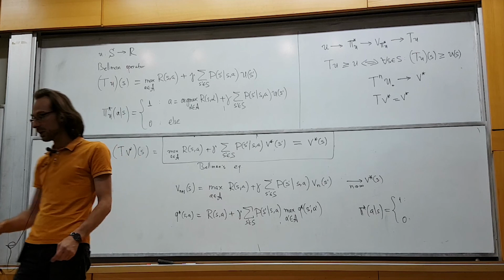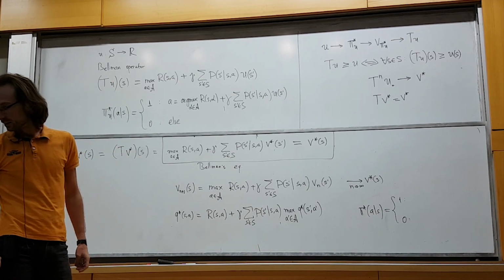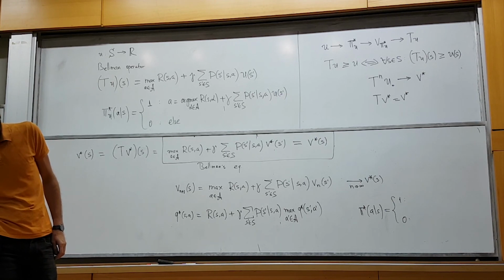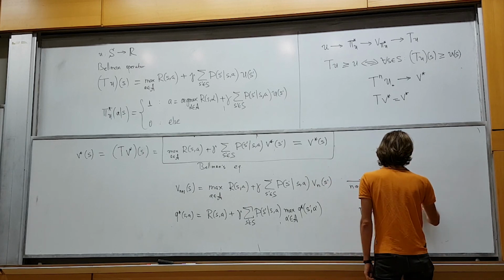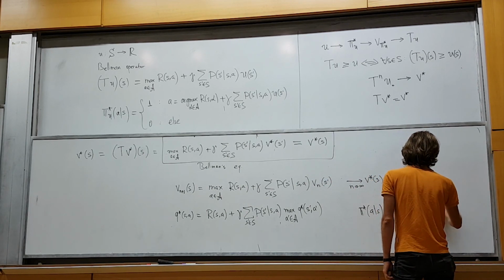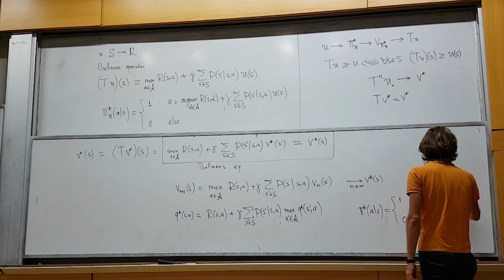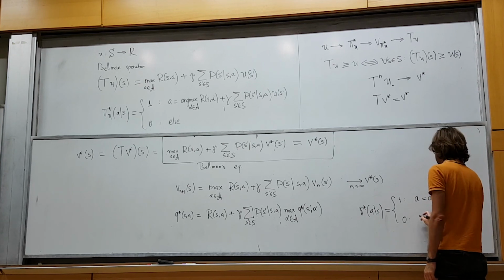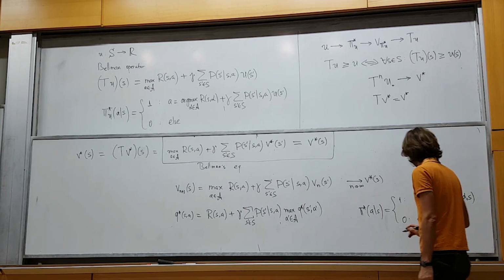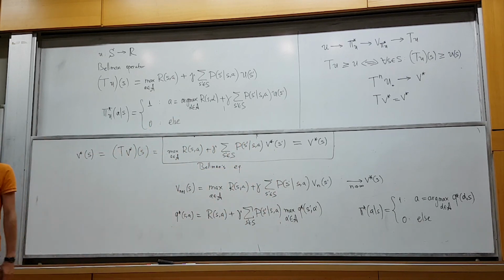So we take an action A if A equals the arg max over alpha in A of Q star of alpha, S, and 0 otherwise. So this is our optimal policy associated with the optimal Q function.